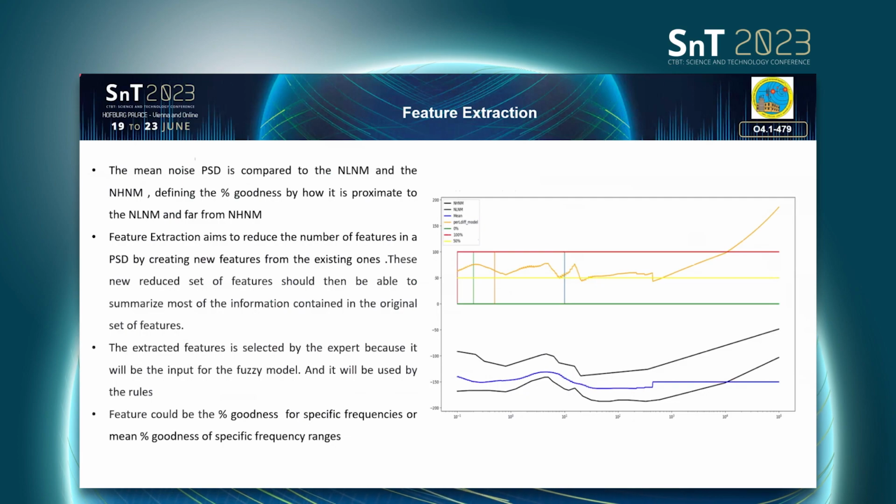So we consider the station in a specific frequency range to be good if it is near the low noise model and far from the high noise model. By calculating the percentage goodness for all of these frequency bands, specific frequency bands or frequency values are selected to be input for the fuzzy system.